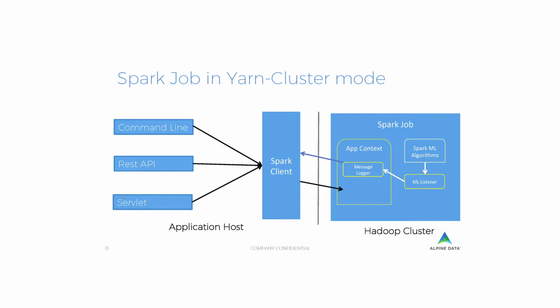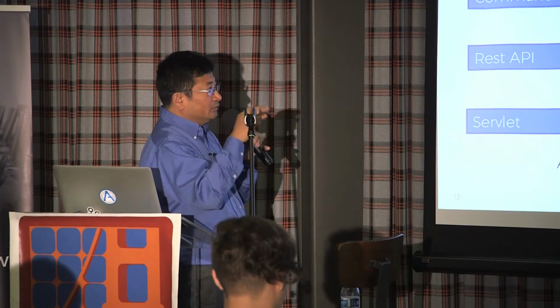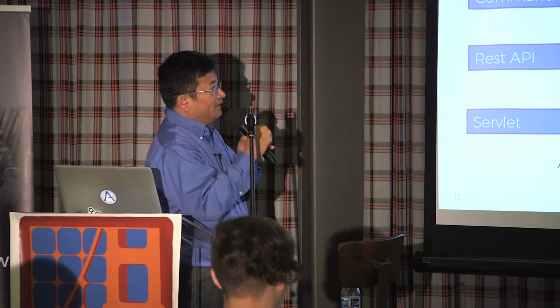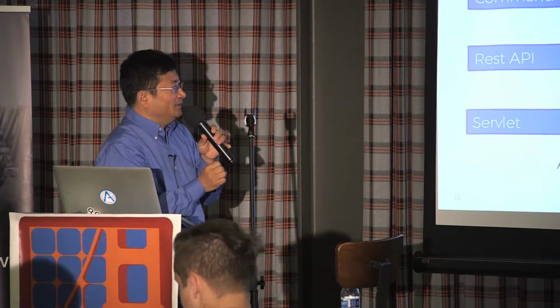So we create an application context. It's an additional context we create because we control how the Spark job is invoked. There we set up the communications. Oh, 10 minutes? Okay, all right, I'll speak faster.